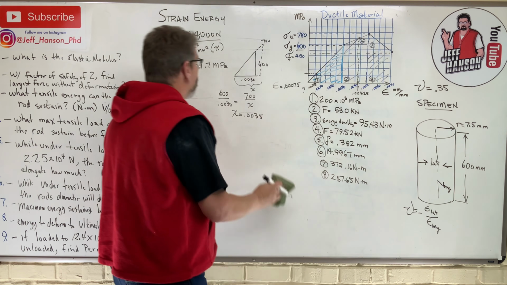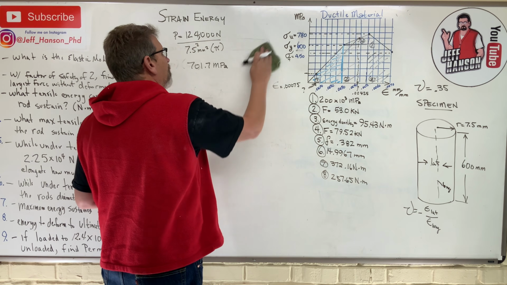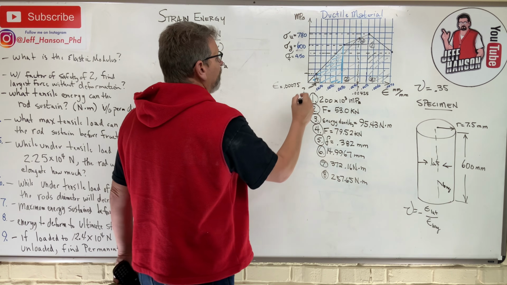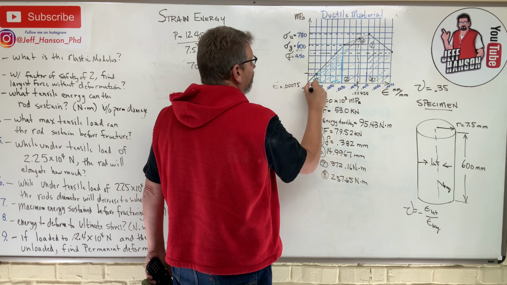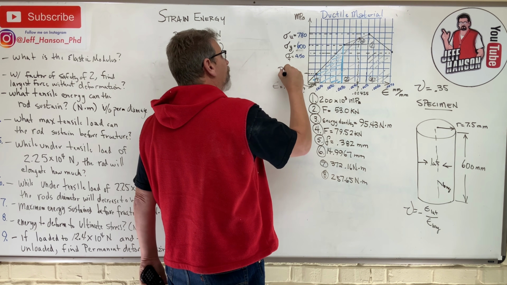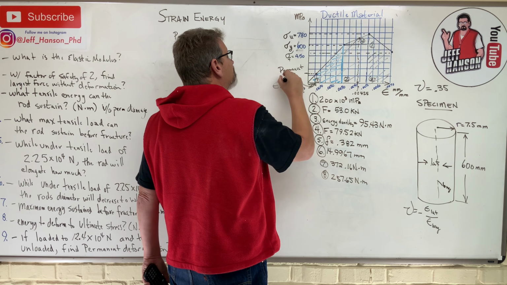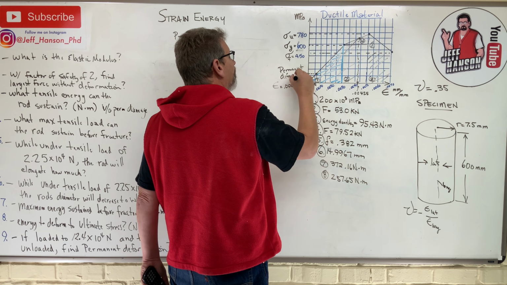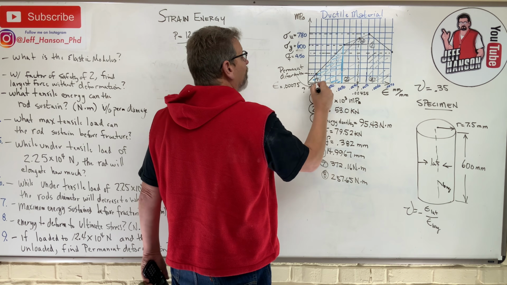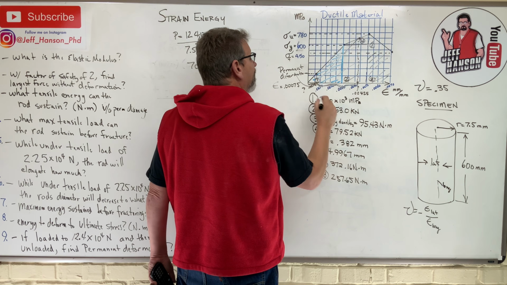So what do we do now with that number? Okay, so what you have is this. This right here is permanent deformation. What about this right here? What is all of that over there?